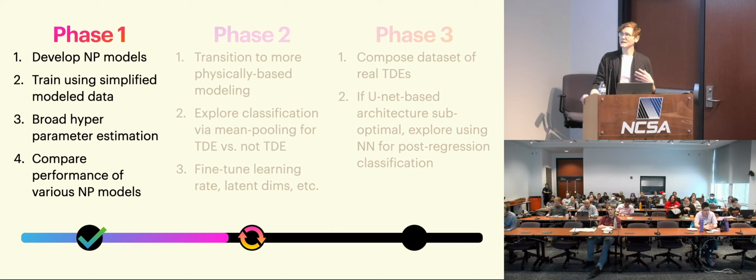And then I needed to generate some type of estimate of the performance of the model using some kind of simplified model data, right? So I created a simplified TDE model that I can use to loosely train the neural process model and get an idea of its performance and the range of the hyperparameter estimation that we can incorporate into the model.